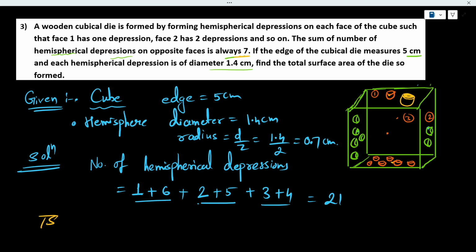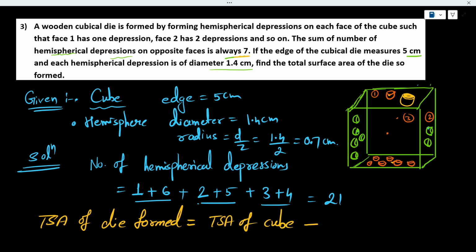So total surface area of whatever the die formed will be equal to TSA of cube plus CSA. It is going to be only CSA, because when you are drawing the hemisphere, the top is empty. Only this part, if I'm drawing, see here, you will understand. Nothing is there. This one is the depression, which is going to be surface area.